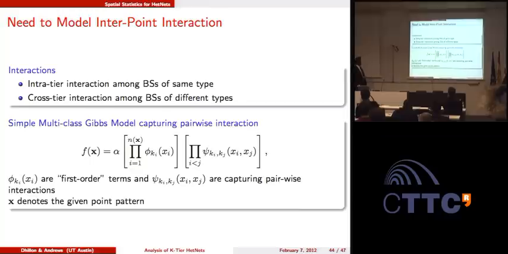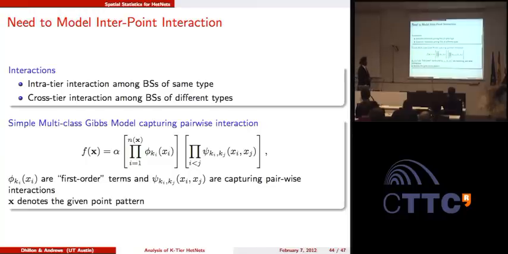Just to give you a flavor of what kind of tools are there, I included a simple multi-class Gibbs model which captures pairwise interaction. In this case, we are not capturing complete interaction over the whole process. We are just capturing interaction between 2 points taken at a time.